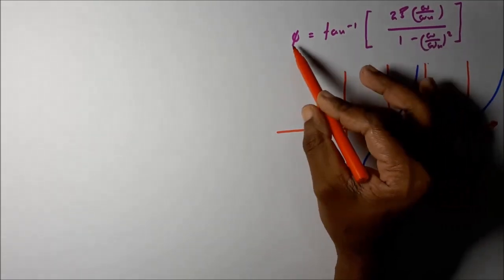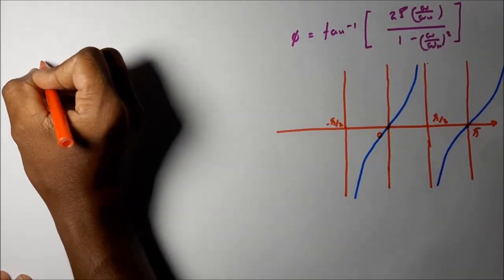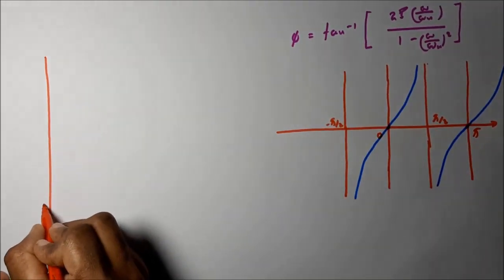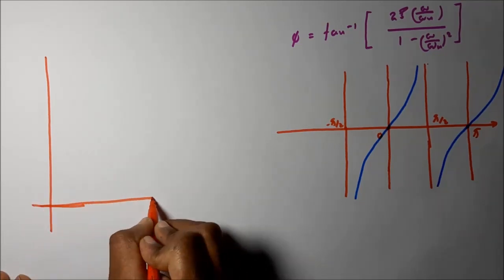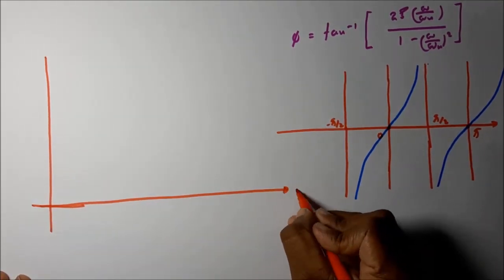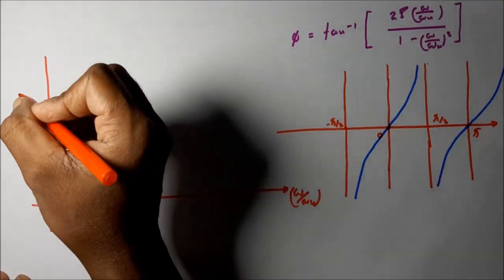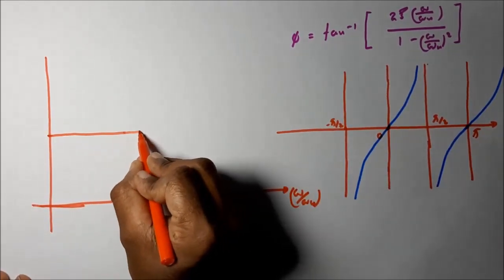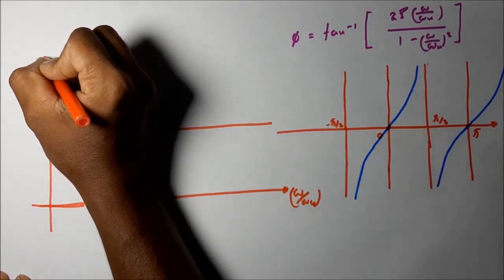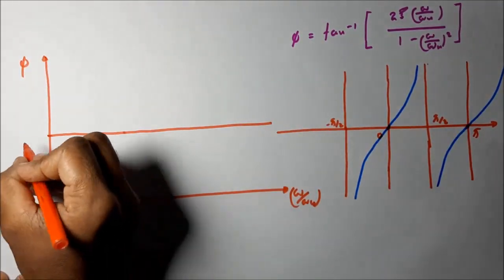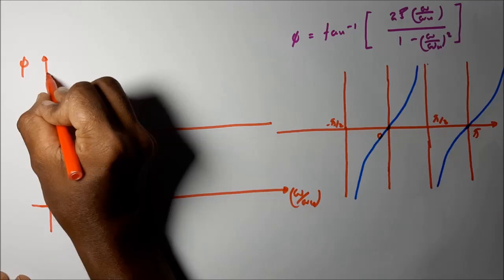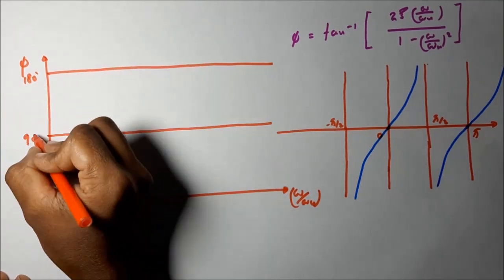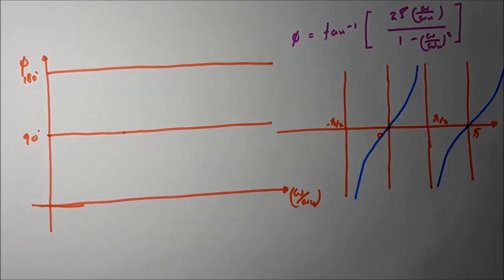By looking at this tan graph, we are going to draw how phi varies with the frequency ratio. We are interested in how phi varies with the frequency ratio. Let's take this as the frequency ratio omega divided by omega n. This is phi, let's take this as 90 degrees, and this as 180 degrees.